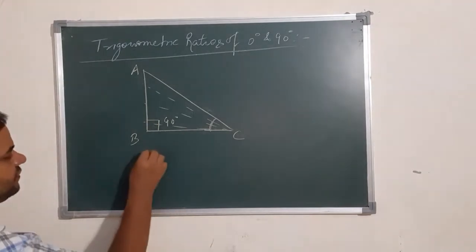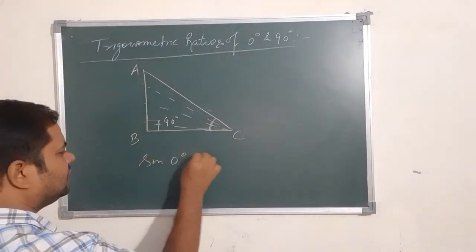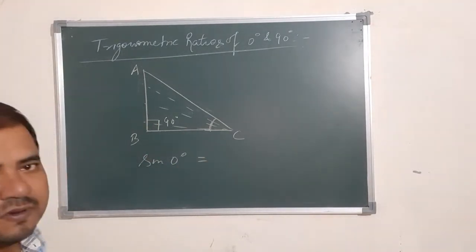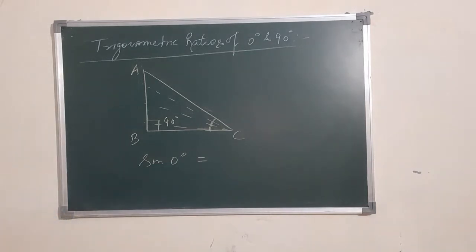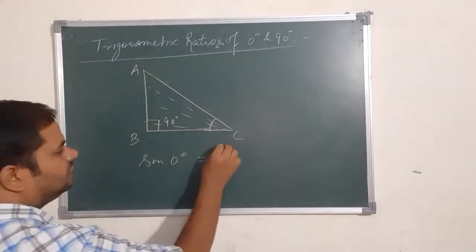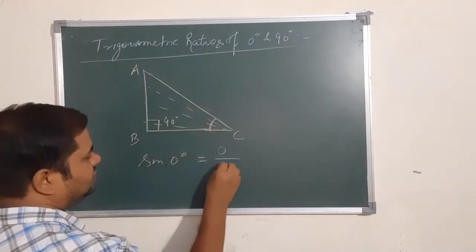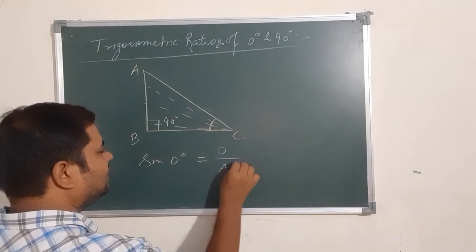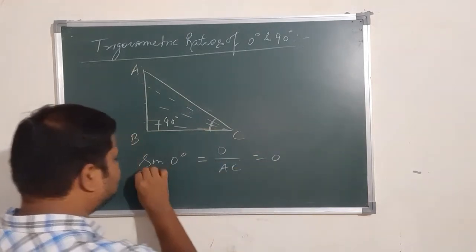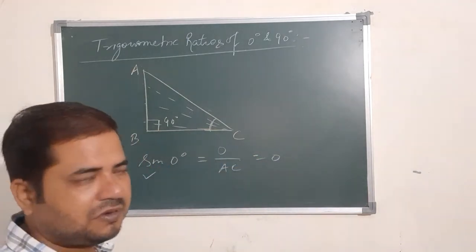So if we find sine 0, this is perpendicular upon hypotenuse. The perpendicular here is 0 and the hypotenuse is AC, no problem. So sine 0 is 0.